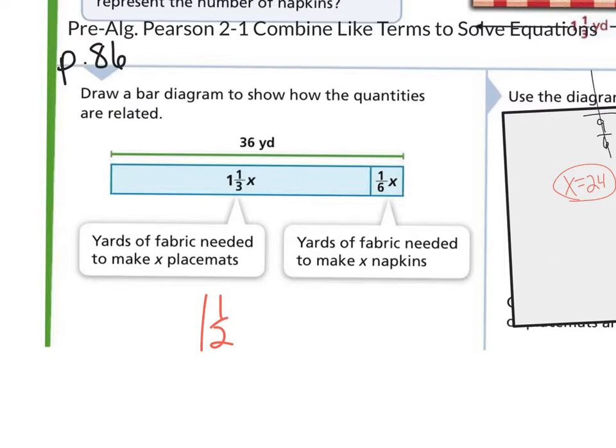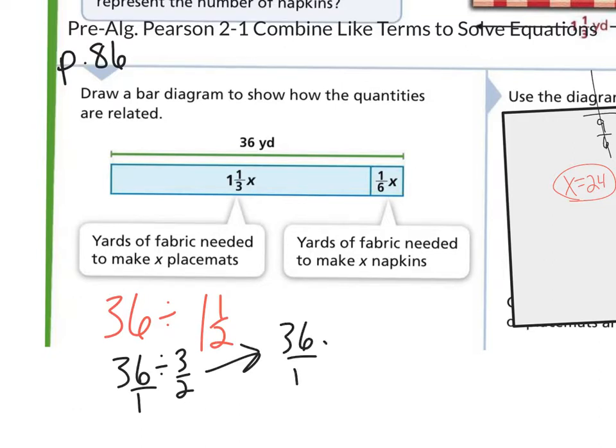And then you could say I'm going to take 36 divided by 1.5. If they don't specify that you have to write an equation, you can do it this way as well, and you'll get the same answer. Obviously, sometimes they are going to just say write and solve an equation. In that case, we've got to do it the way that they did in the book that we mentioned earlier.